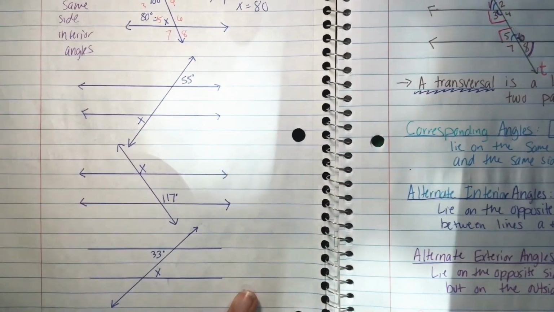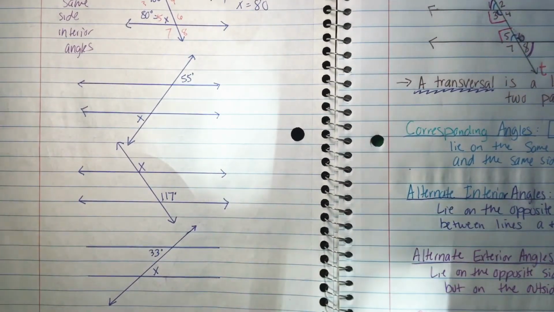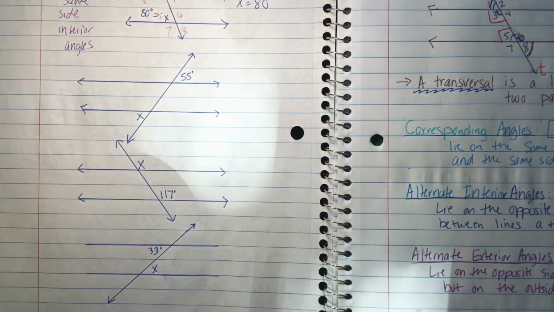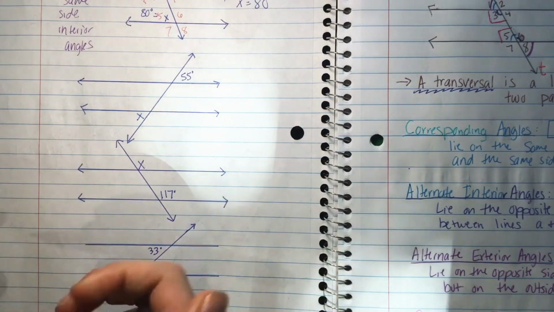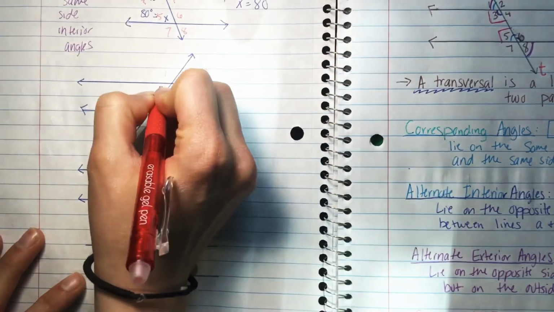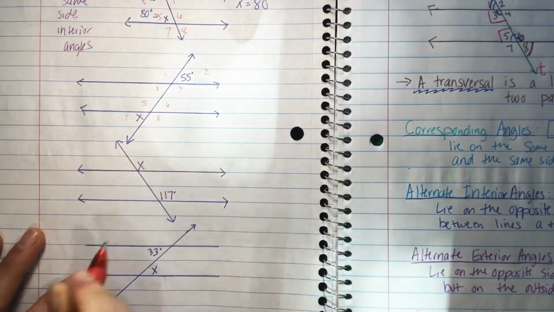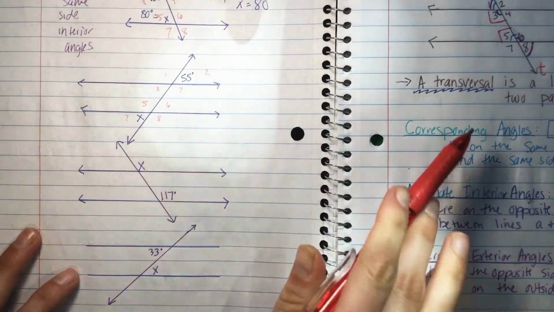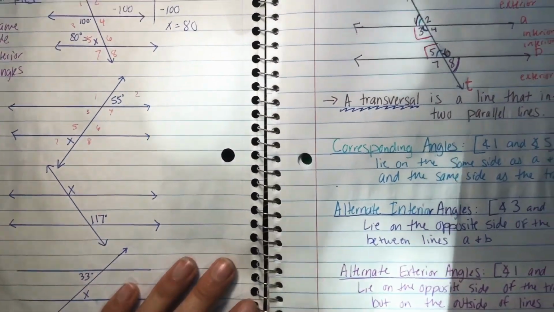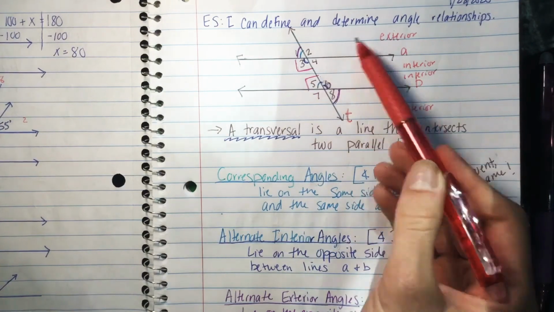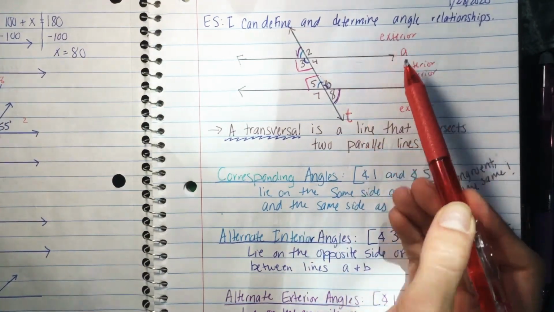Okay, next one. All right, so if you want to label them, let's go and label them. So I've got 1, 2, 3, 4, 5, 6, 7, 8. So angle 7 and angle 2, if I look back here, well, they don't really have angle 7 and angle 2, but we can see back here, these are exterior.